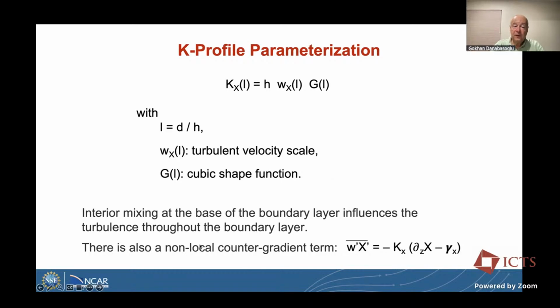This means that the interior mixing at the base of the boundary layer influences the turbulence throughout the boundary layer itself. Another machine learning effort going on in LEAP and M-squared lines is how to determine this shape function, and there's now a method to replace that particular part of KPP with a machine learned approach.